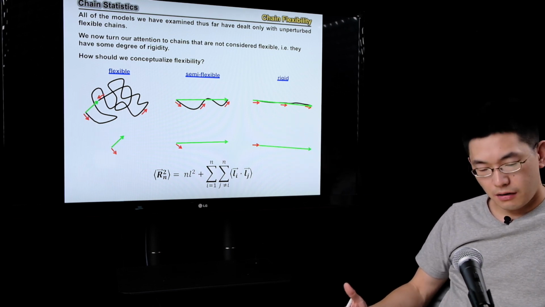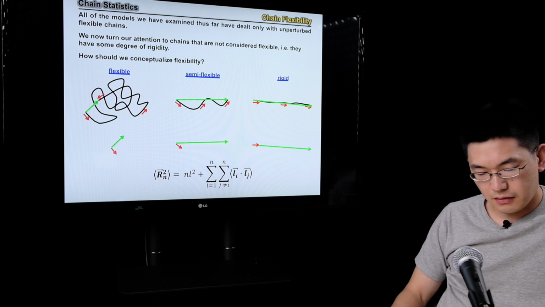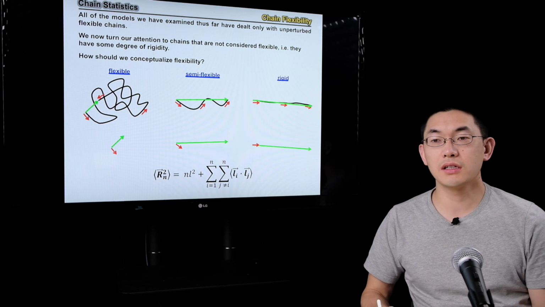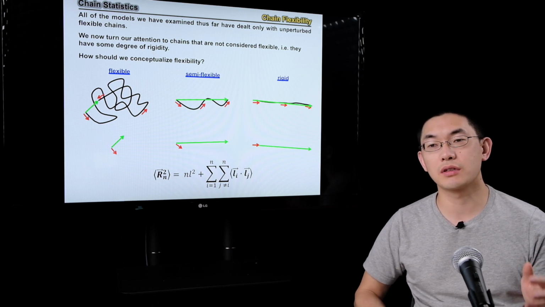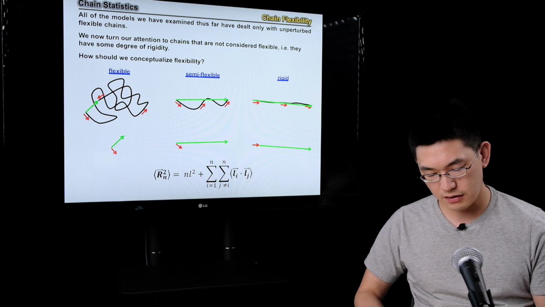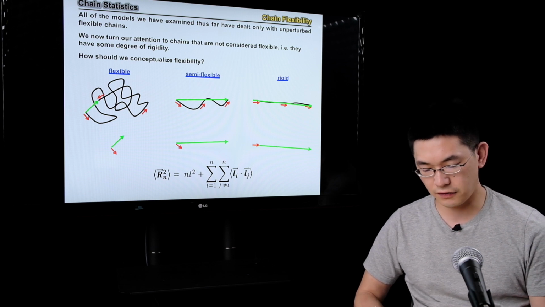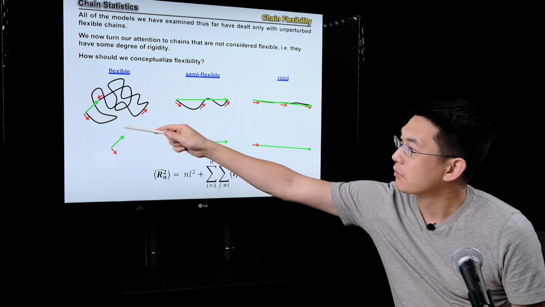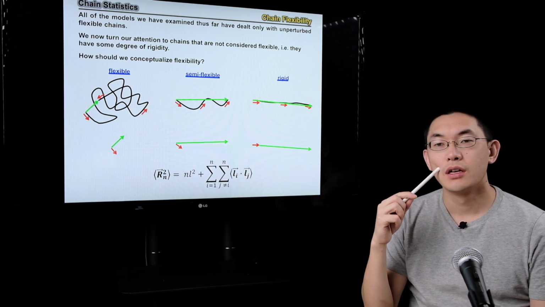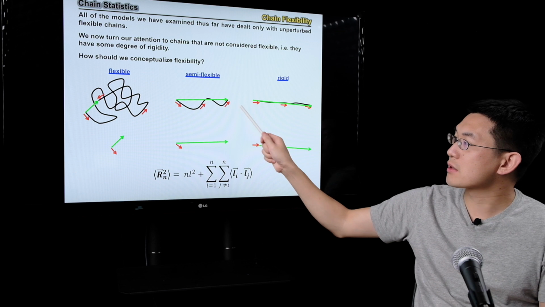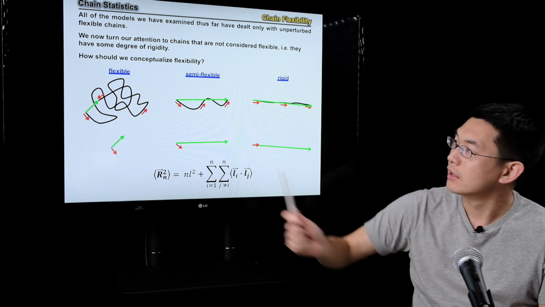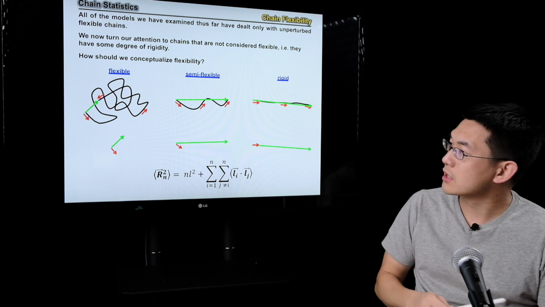So again, this is a lecture about chain flexibility and how we can use a very important parameter to discuss chain flexibility. We will talk about how we determine a flexible chain, as shown here, where you can see the chain can be bent very easily, to something semi-flexible, where there's some bending and torsion along the backbone, but it will appear more rigid than the first one.